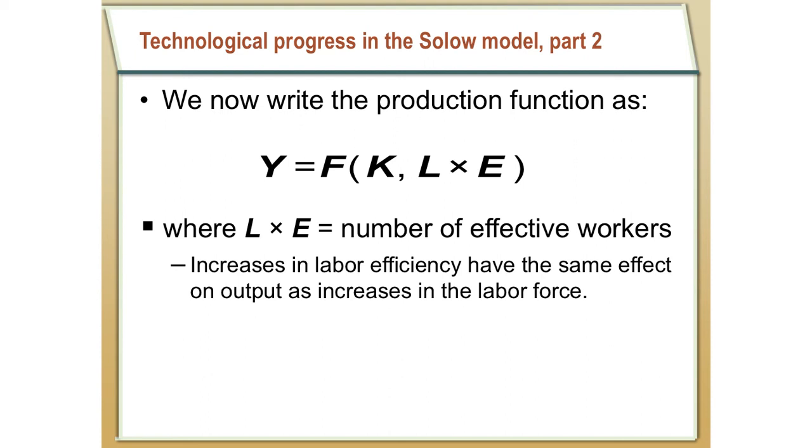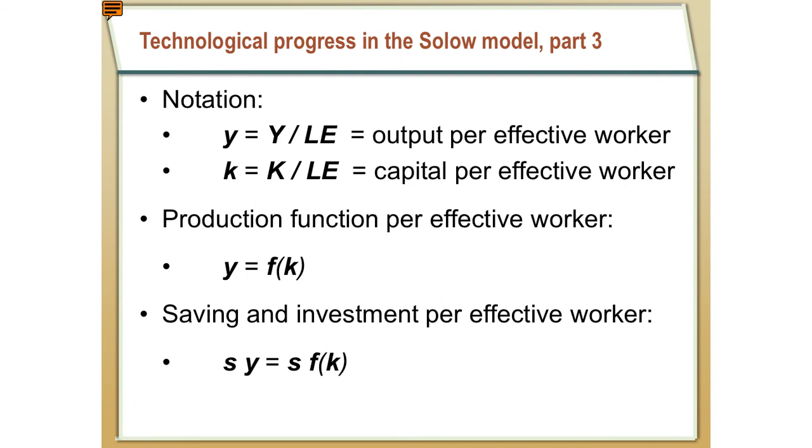So increasing a worker's effectiveness is like having more hands to do the work, more workers, but you're not actually increasing the number of workers. The ones you have are just more productive. But mathematically, it has the same exact effect on output, on Y, GDP, as increasing the labor force.